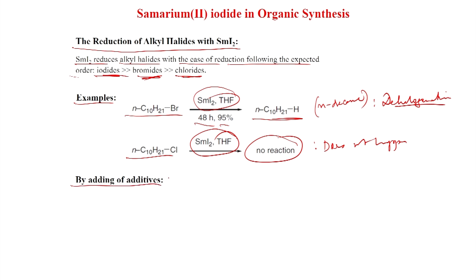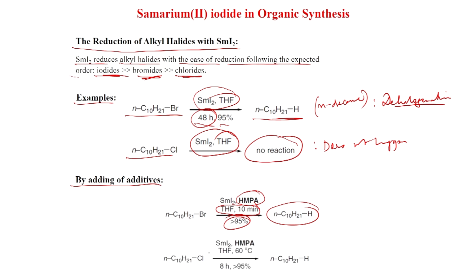By adding additives, you can also put an additive like HMPA, hexamethylphosphoramide, and with this one the reactivity is increased, and in only 10 minutes, earlier it took 48 hours, now only 10 minutes you get this product n-decane in greater than 95%.